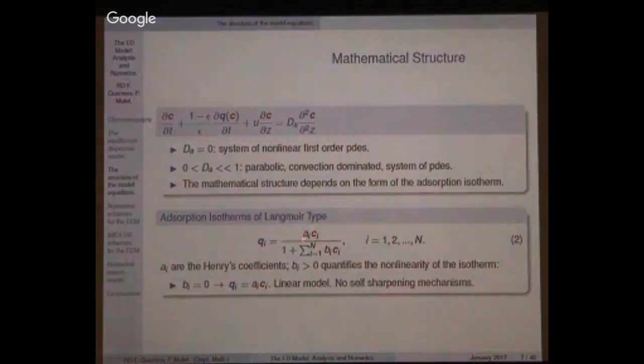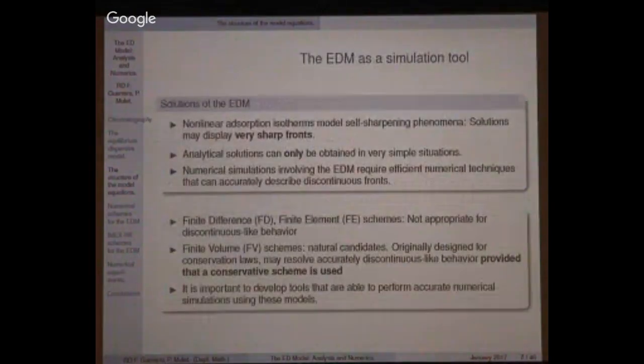This A_i coefficient here states the affinity: larger affinity, then more stuff stays in the stationary phase. And then there's this nonlinear behavior here, which is the one that causes the sharpening, okay? The nonlinear behavior in the solution. So if B_i is equal to 0, then you have a linear model. Linear models are not appropriate in many situations. And no sharpening mechanisms appear in that case.